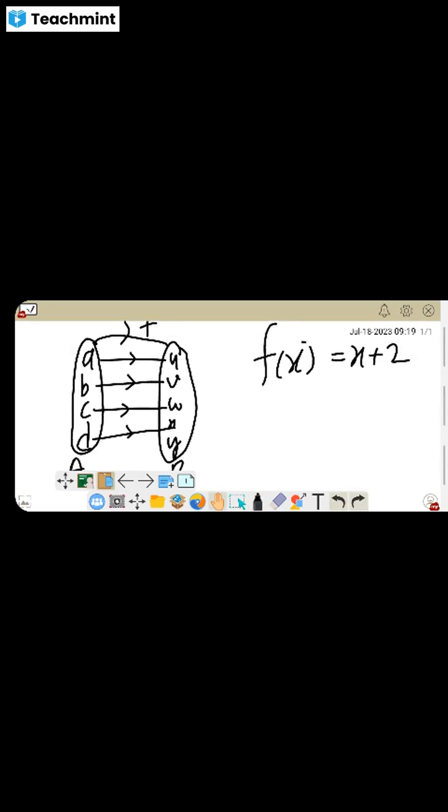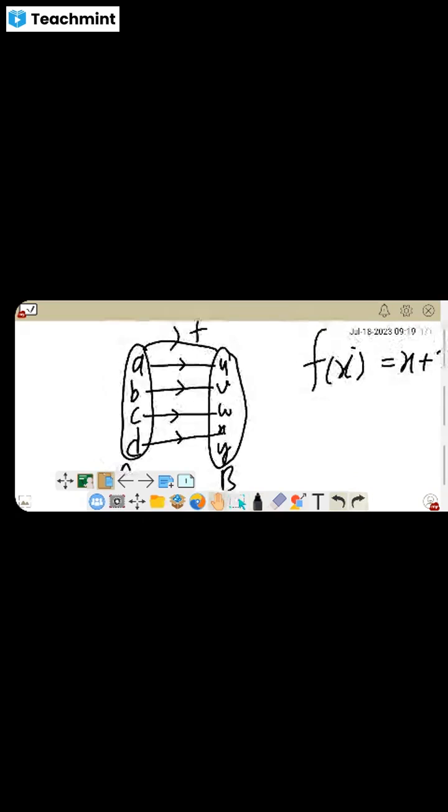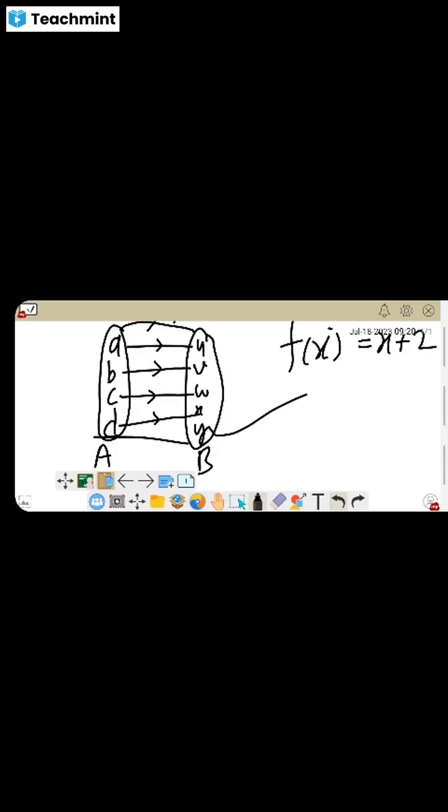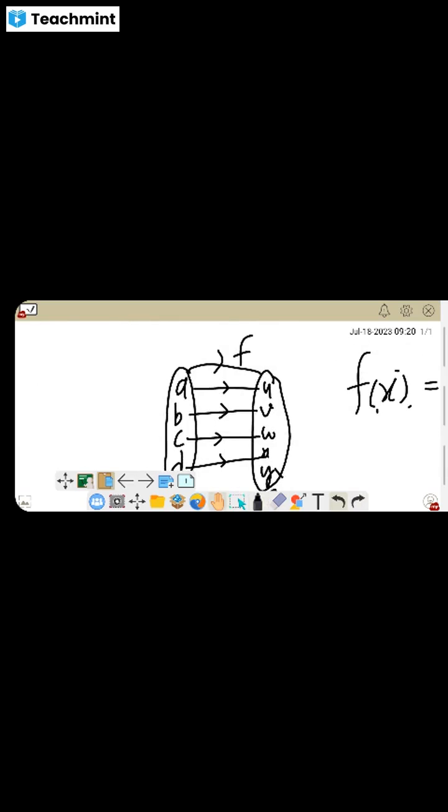Elements of A are said to be pre-images of elements of B, and elements of B are said to be images of elements of A. So Y is without any pre-image in A. Still this is a function, because without any value of x we still have a value here, and we can understand this by using an example. So we can say this is a function.